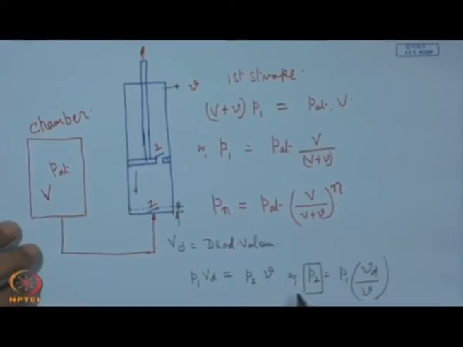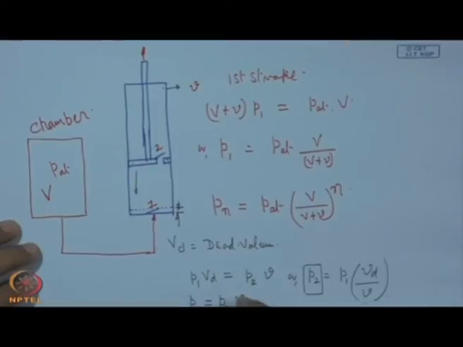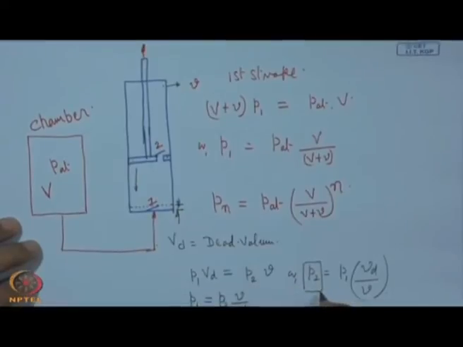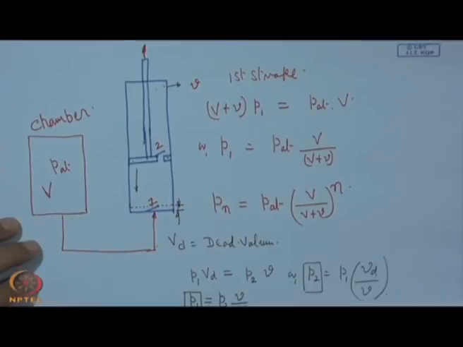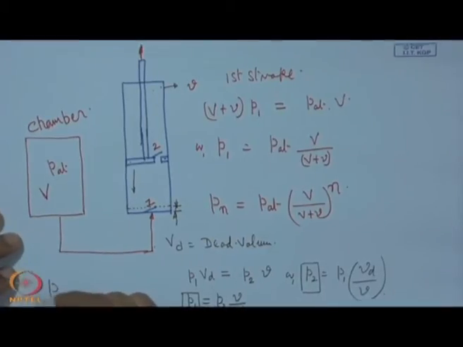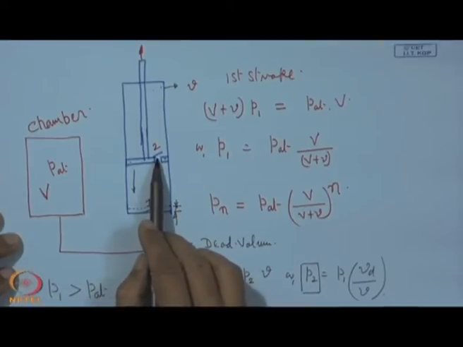Say this is the pressure P2, but we can also write P1 is equal to P2 into V by Vd. So, this is the reduction of pressure, but because of the squeezing P1 will be more than P2. However, after this squeezing, P1 has to be greater than atmospheric pressure in order that valve 2 will open.